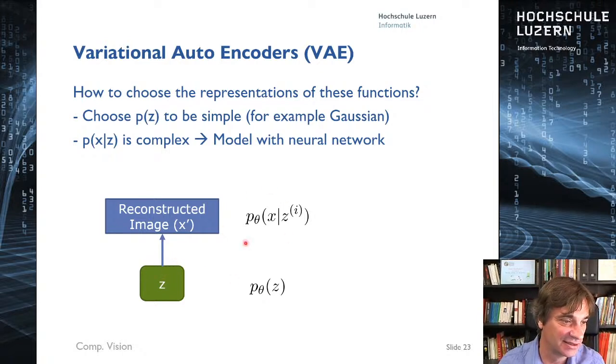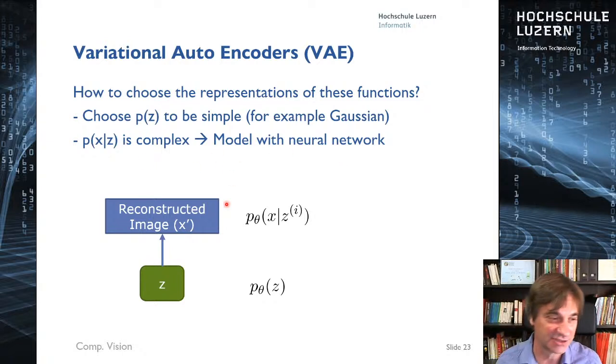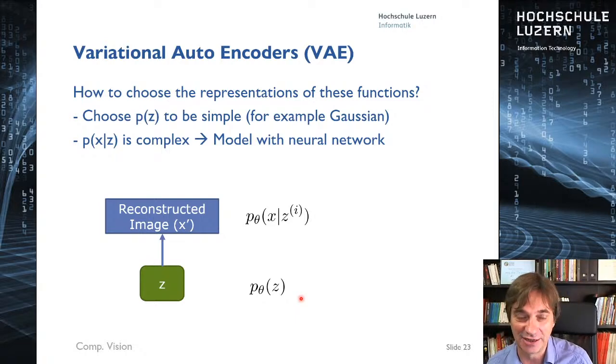The decoder part that calculates your image from your latent variable is then very complex, but you can model that with a neural network. So you have to force the autoencoder to build a latent space that can be approximated by a Gaussian.